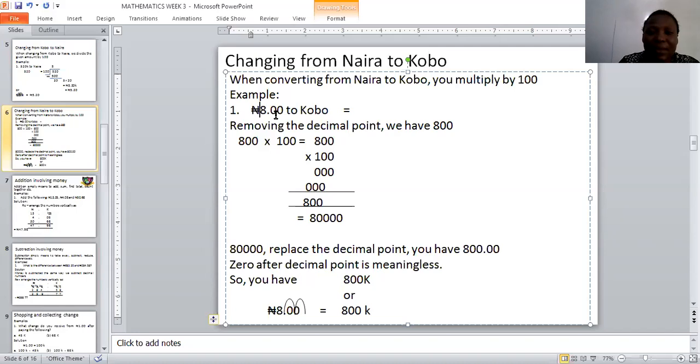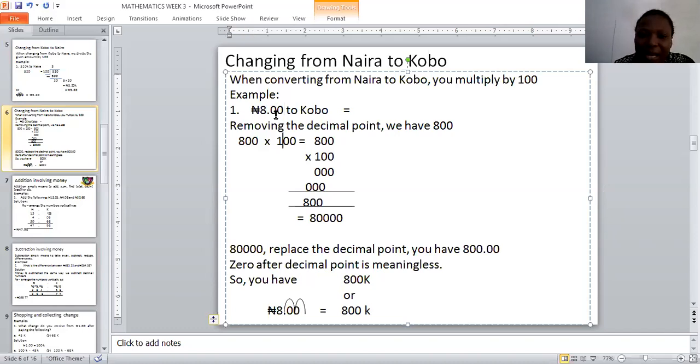We remove the decimal points how many times? Good, 2 times. 1, 2. So the new figure you are now having is 800.